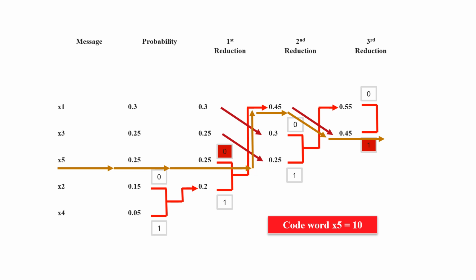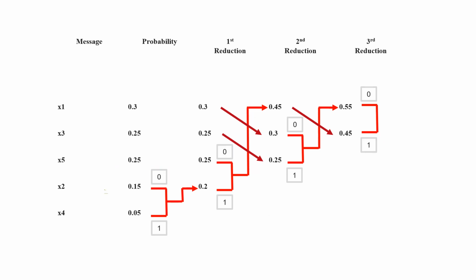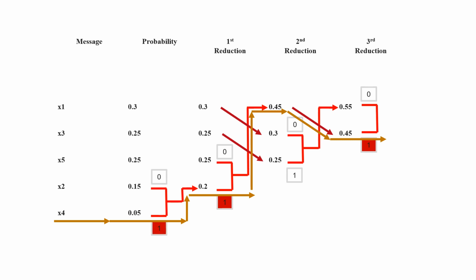Similarly, we can perform for x2 and x4. For x2, the code is 1, 1, 0. For x4, the code is 1, 1, 1.